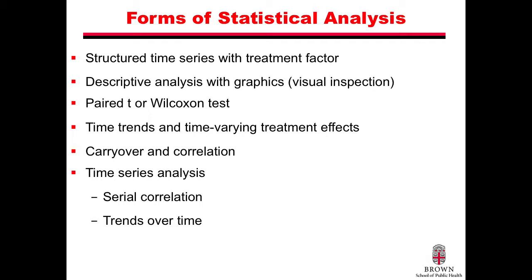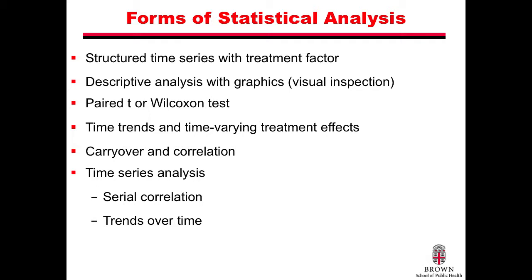There's also this idea of carryover and correlation. These are measurements being taken repeatedly on the same person. They may be correlated. You feel better one day, you'll probably feel slightly the same way the next day. So how do you take account of that correlation? You don't have independent measurements any longer. And so these are some of the things we have to think about when we're doing the statistical analysis.